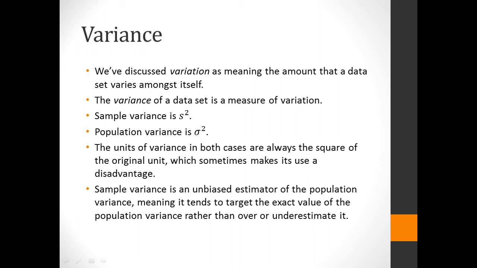This means that typically as human beings we tend to estimate over or we estimate under. In this case, the sample variance is an unbiased estimator. It's tending to go exactly towards the population variance as opposed to over or underestimating it.